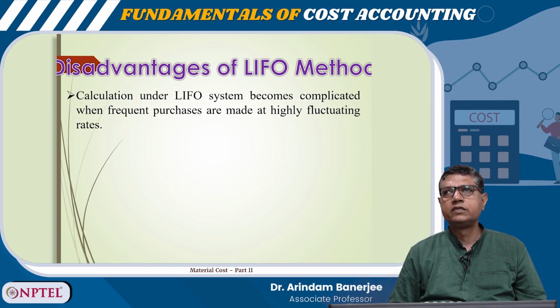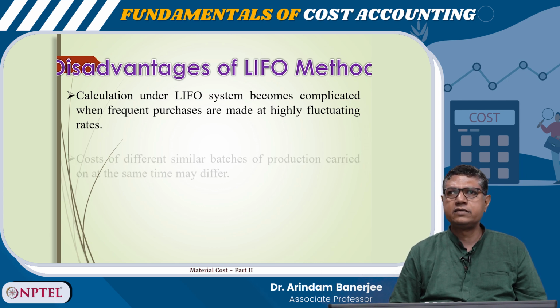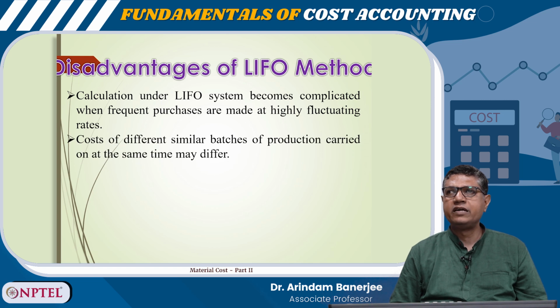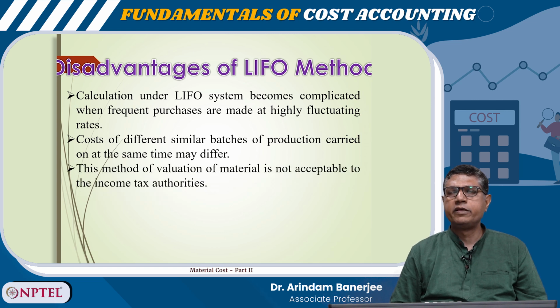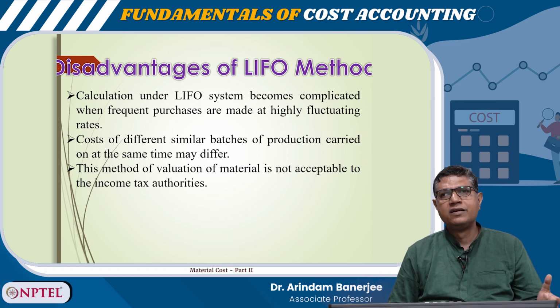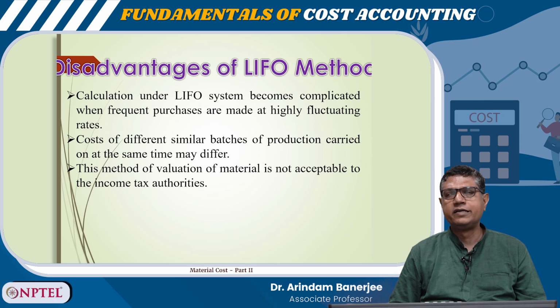Calculation under the LIFO system becomes complicated when frequent purchases are made at highly fluctuating rates. Costs of different similar batches of production carried on at the same time may differ. This method of valuation of material is not acceptable to income tax authorities, because they do not allow LIFO.